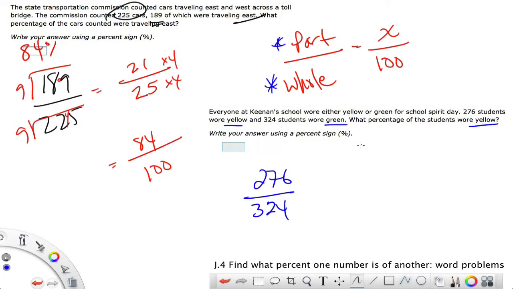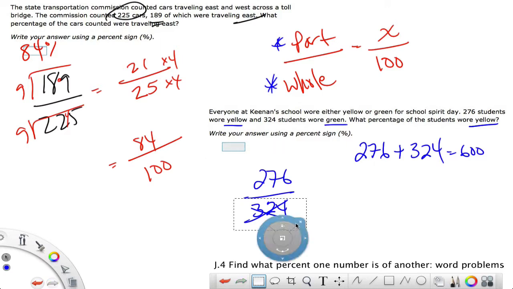So in this case, the whole is the number of students who wore yellow plus the number of students who wore green. So 3, 4, 5, so this ends up being 600 students total. That's the total students. And that means that the part is 276. But this is not our whole. This will be the whole.